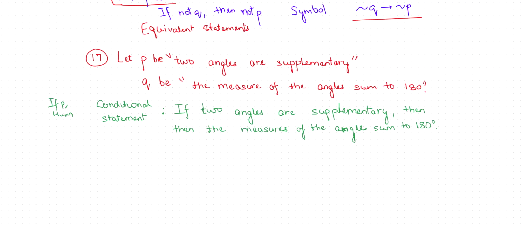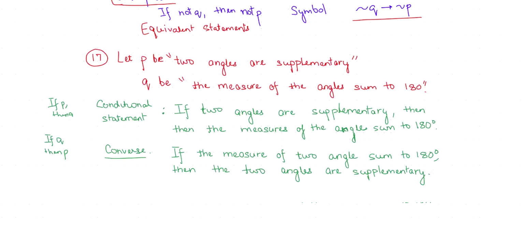Now let's write the converse. Converse is if Q, then P. So the converse statement here is: if the measure of two angles sum to 180 degrees, then the two angles are supplementary.